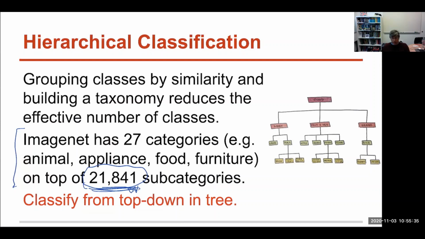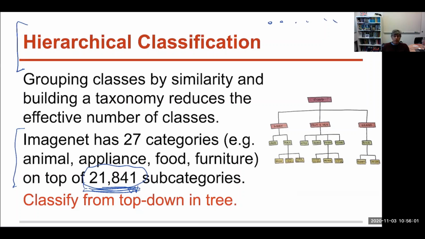So one very, very powerful idea in classification is building hierarchical classifiers. You could try to do one versus all classification for 20 classes, maybe. But for 21,000 classes, you would have a very, very difficult time.